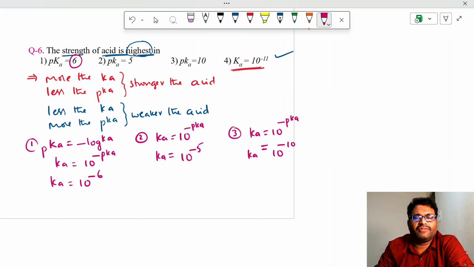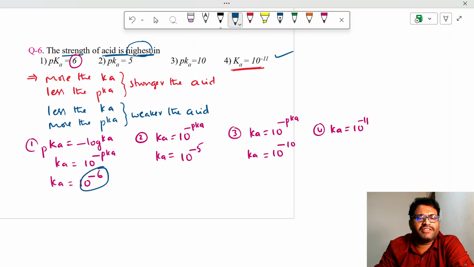Fourth one, Ka is already given directly, 10 power minus 11. So among these four, we have 10 power minus 6, 10 power minus 5, 10 power minus 10, and 10 power minus 11.